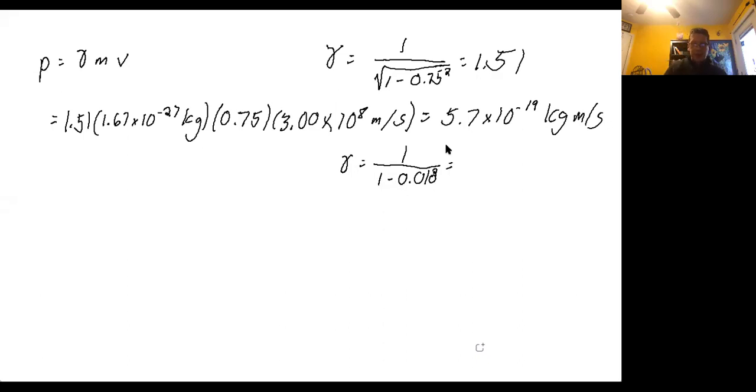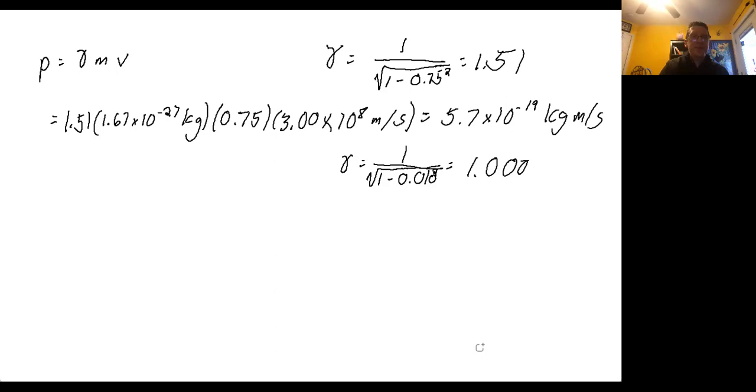And so you get gamma equal to 1.00. And don't forget the square root term. Basically 1.000.